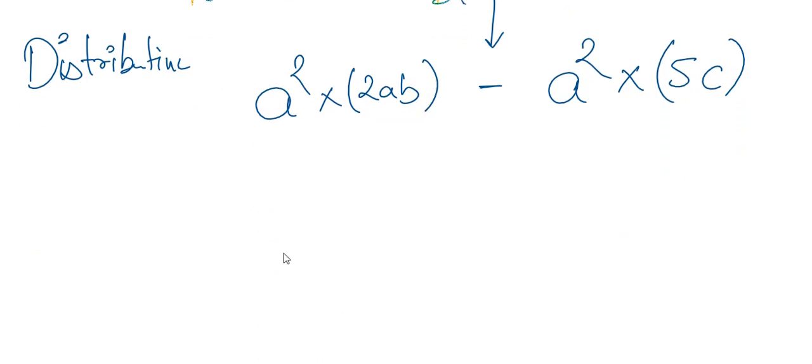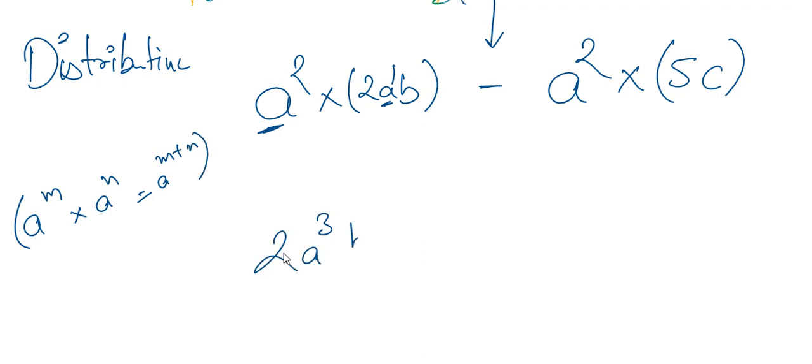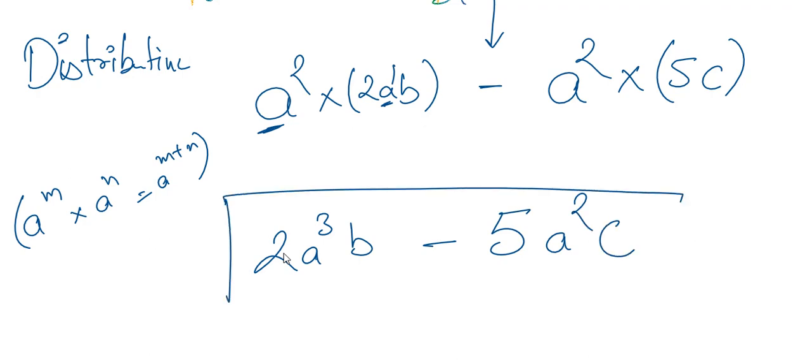I have a here as well, a with exponent 1 and a with exponent 2. Applying your basic laws of exponents, you would get 2a cube b minus, I have no like terms here, so I would be writing 5a square c as it is. This would be my answer for the question.